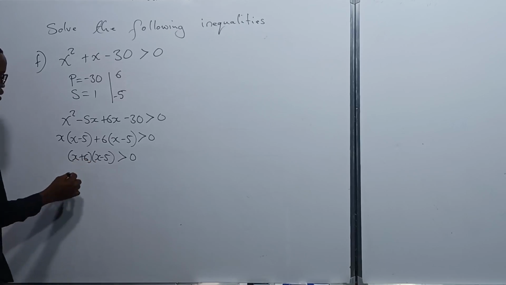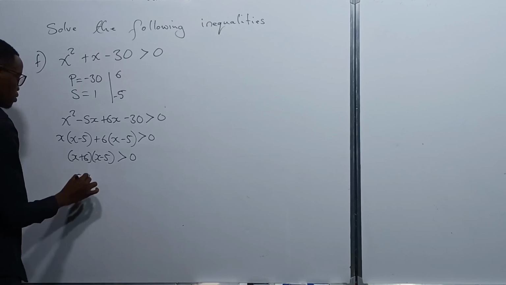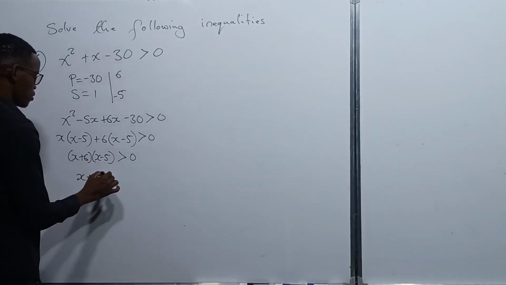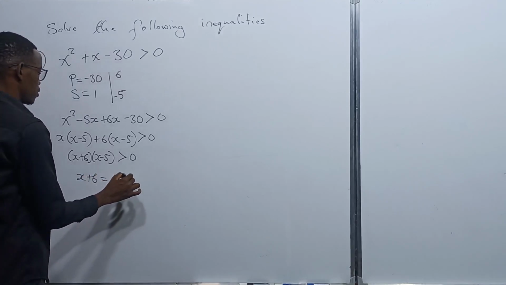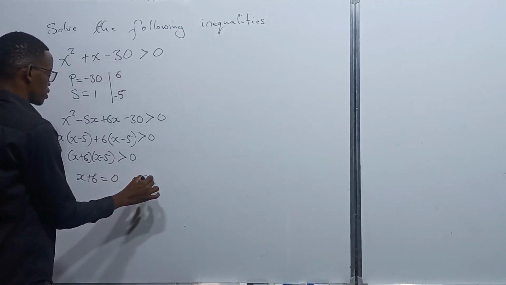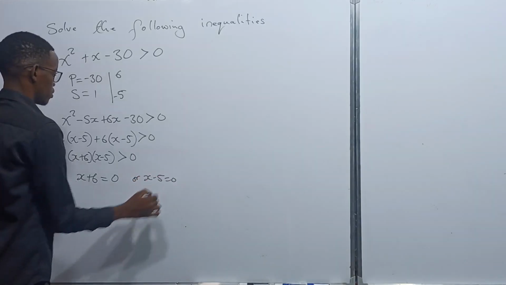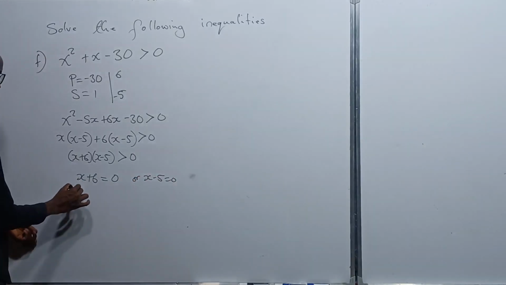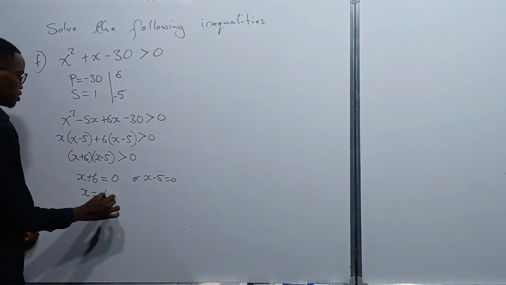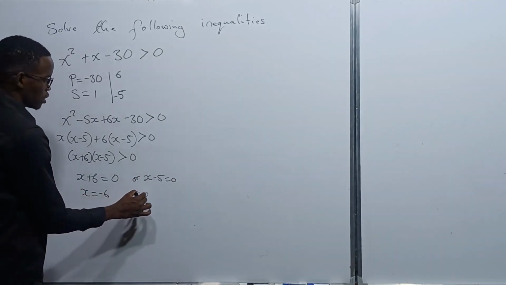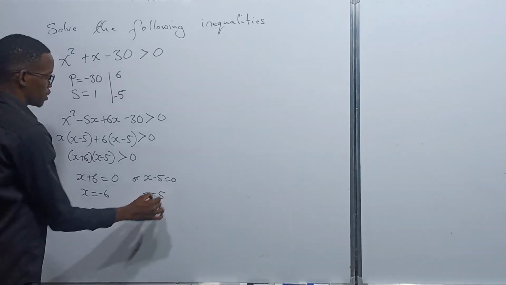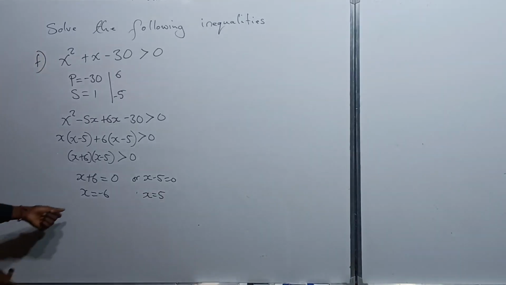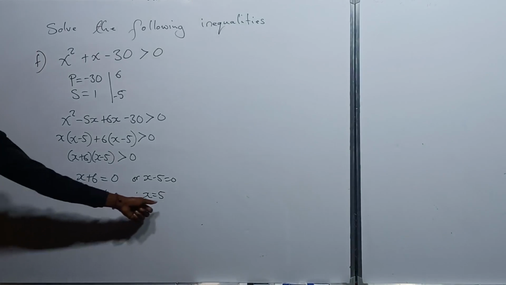So x plus 6 is equal to 0, or x minus 5 is equal to 0. Then x will be equal to negative 6, or x will be equal to 5. These are the critical values.